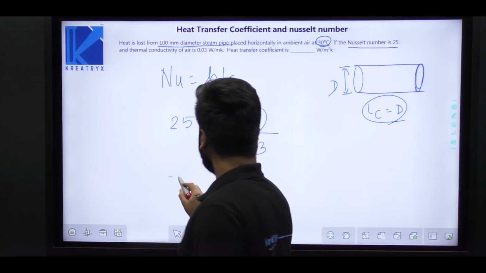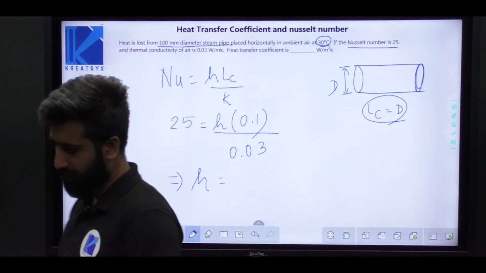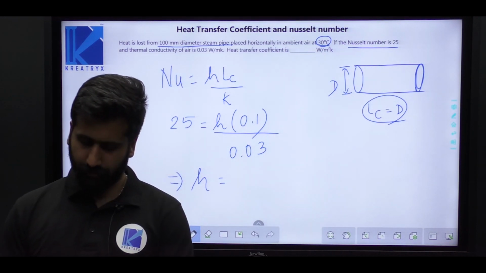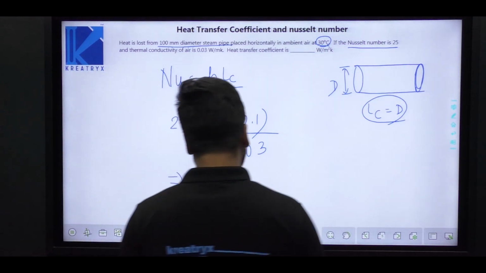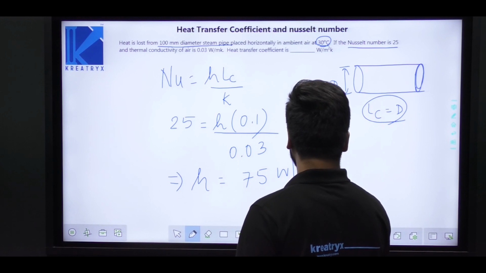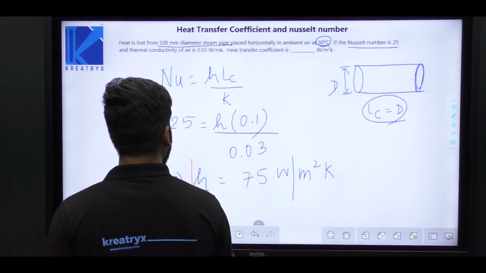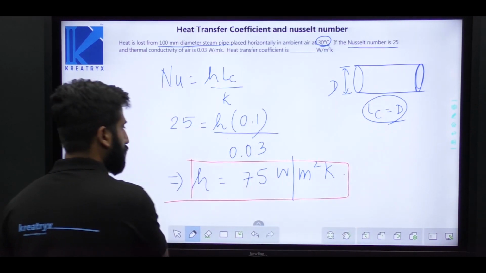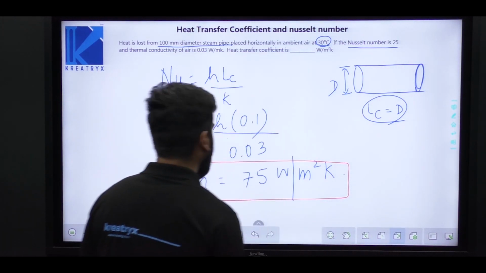So if you solve it, H will be 75 watt per meter square Kelvin. This is the answer. Okay.